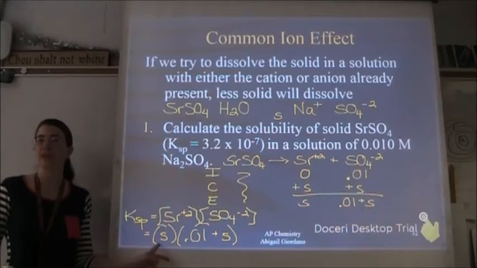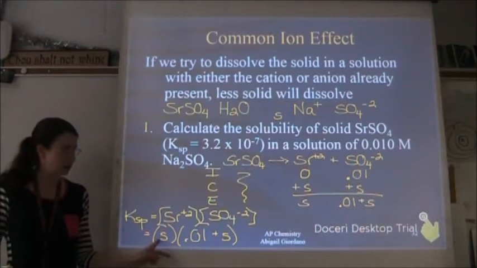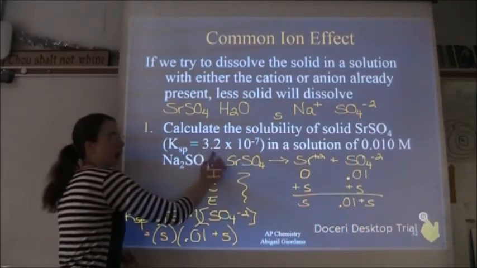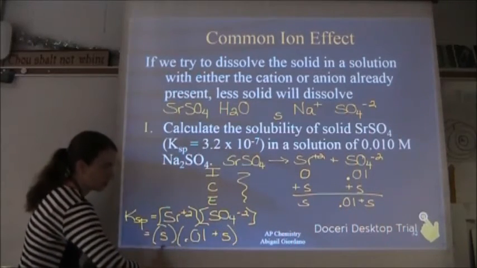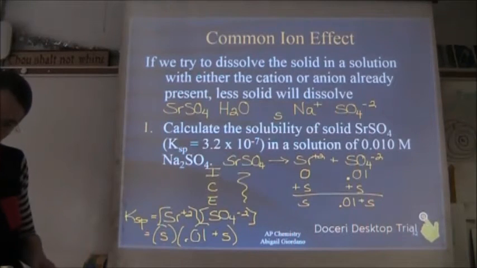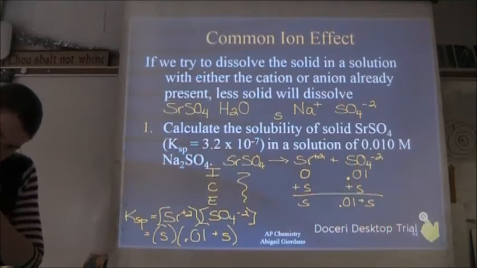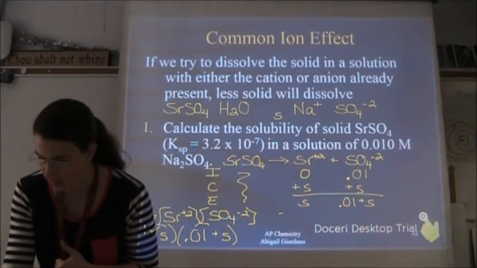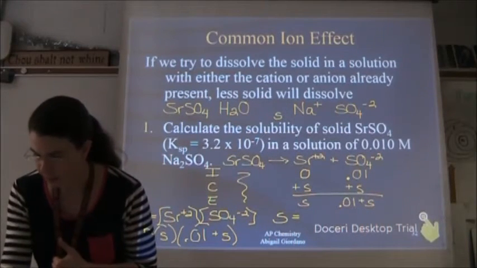Probably want to graph this one. So if you put in the KSP value in Y1 and you put this whole thing into Y2, to save you the time, here's what S comes out to be.